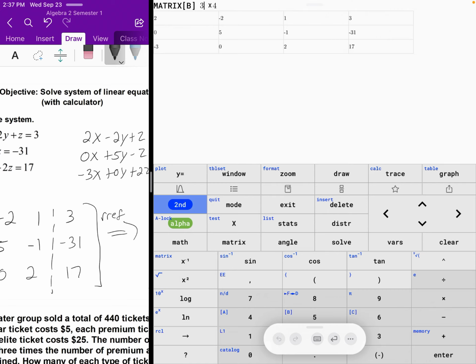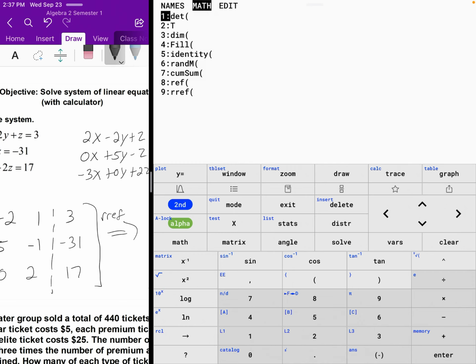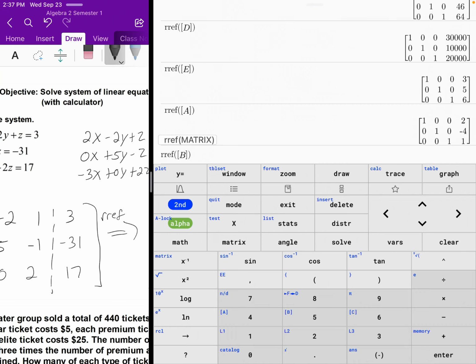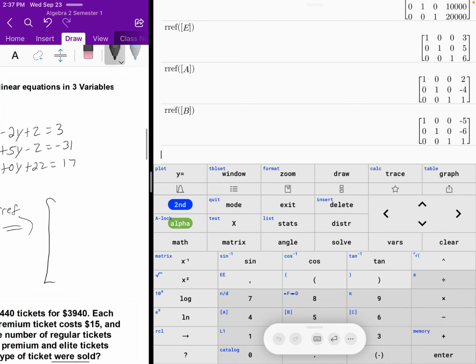Okay, so matrix B is the one I entered it into. Once you enter it, get out of there. We're going to go reduced row echelon form. That's where you go to matrix, math, and RREF. Then from there again, we need to bring in that matrix. I put it into matrix B, hit enter, and we should get that diagonal of 1s again. So 1, 0, 0.